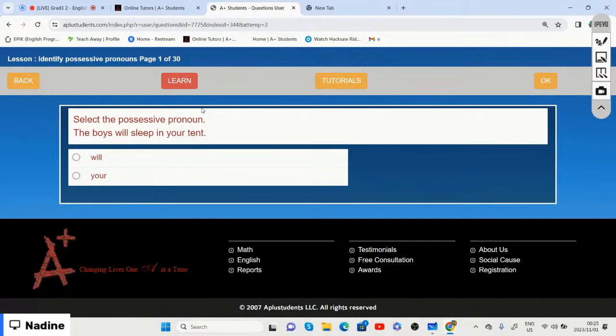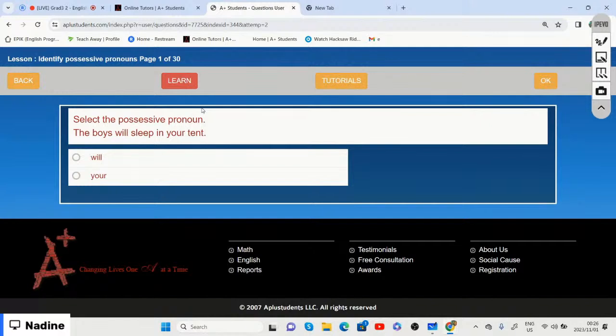So if we select the possessive pronoun, then we can say that the boys will sleep in your tent.